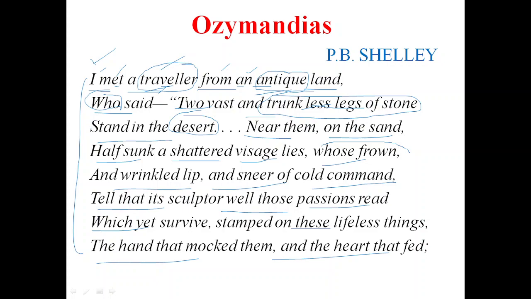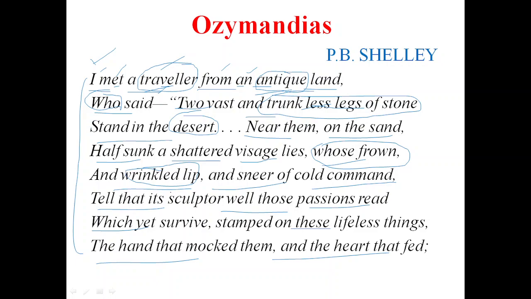So these all show that the person, he was very proud, or maybe he was very angry, or he was full of hatred, and he was a person who did not have common emotions or passions in his heart. He was very cruel, those cruel looks, that is sneer of cold command. Okay, tell that sculptor well those passions read.